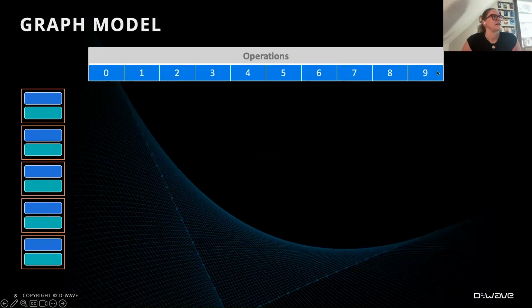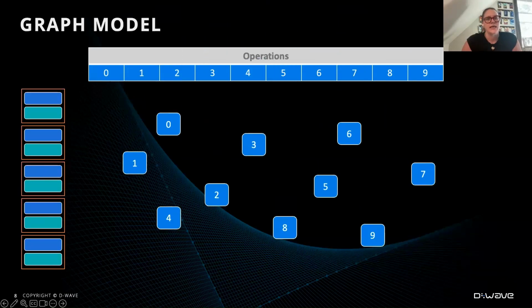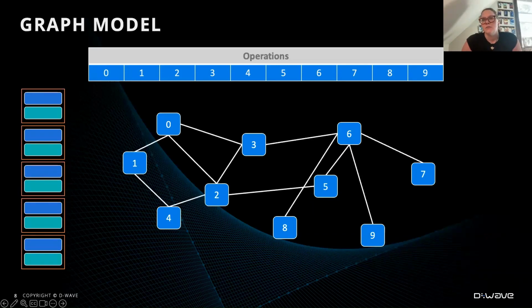So here is a set of 10 operations, and here is a set of 5 different computers. And we will use the operations as nodes in our graph. And then if any of these operations need information from each other, we'll model that as a dependency, which is going to be an edge in our graph, okay?